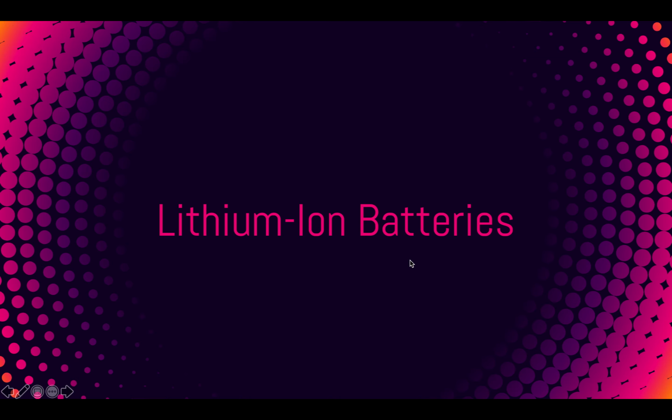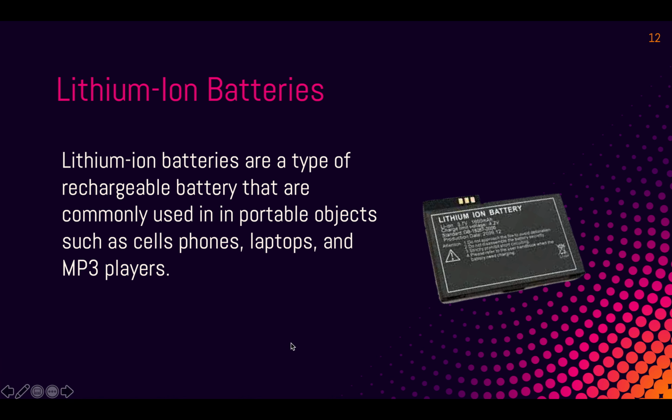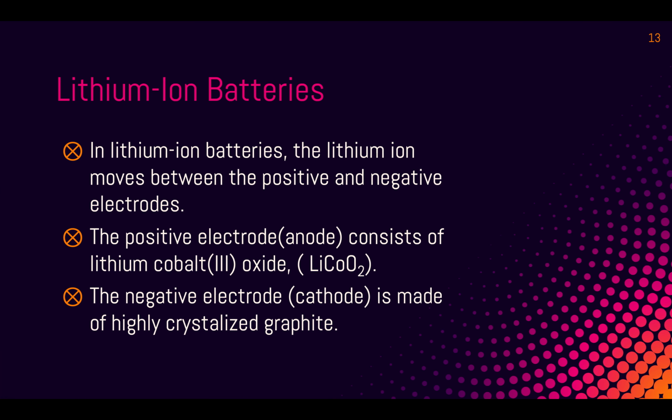So now that we understand batteries, we're going to dive into lithium-ion batteries specifically. So lithium-ion batteries are a type of rechargeable battery that are commonly used in portable objects such as cell phones, laptops, and MP3 players. So in lithium-ion batteries, the lithium ion moves between the positive and negative electrodes, which are the two different half reactions it's moving between.